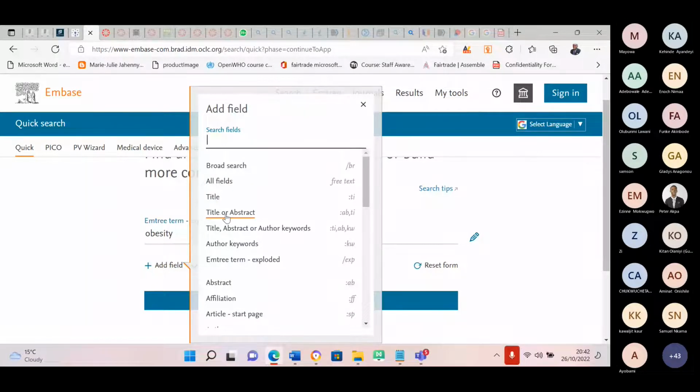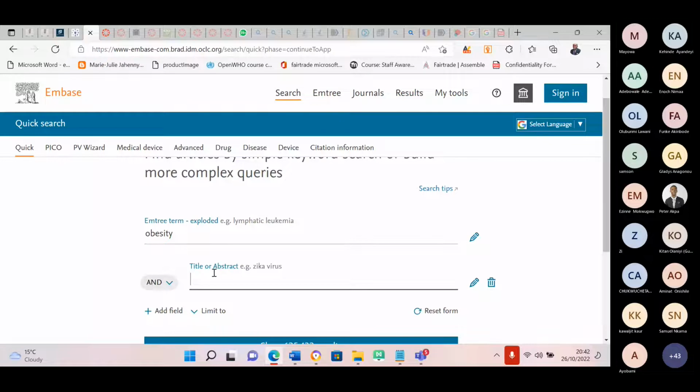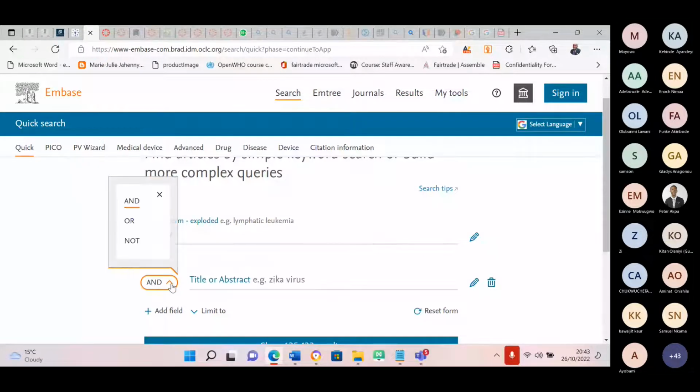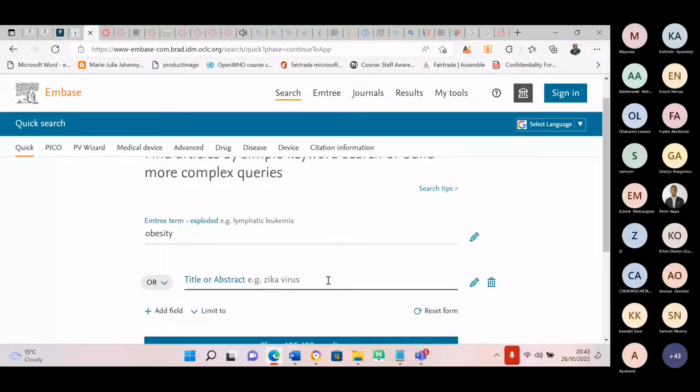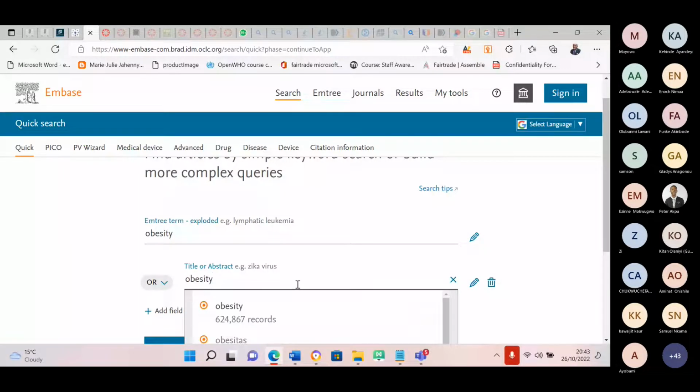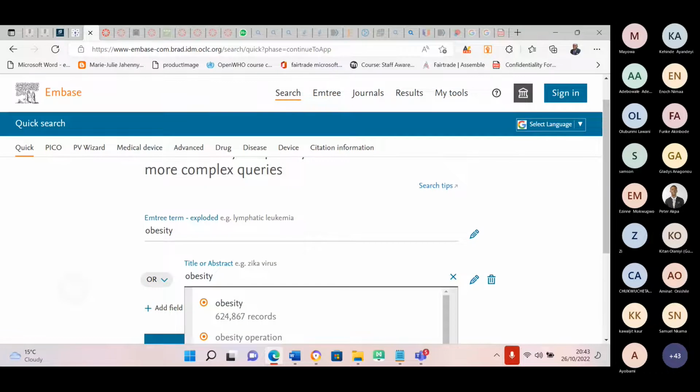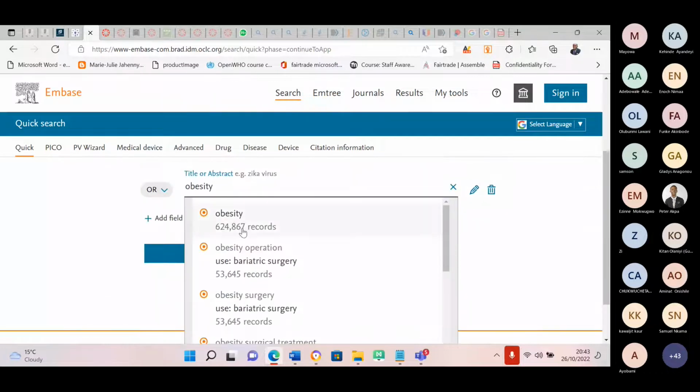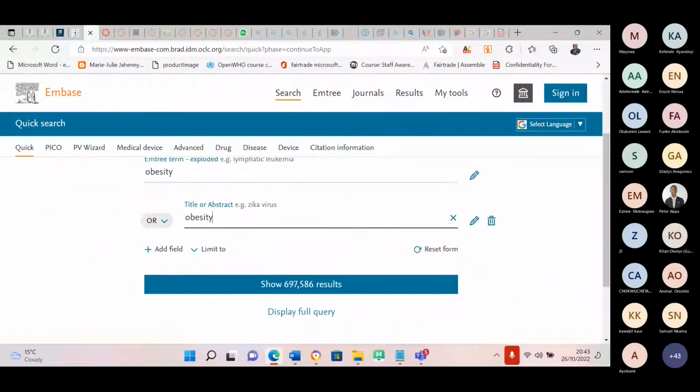That's this second one here: articles that have obesity in the title or the abstract. So I want to choose this title or abstract. Now I said OR is an expander, so I'm not using AND. I'm not yet limiting anything. Anything that has obesity inside it in the title or the abstract. I'll click on this.